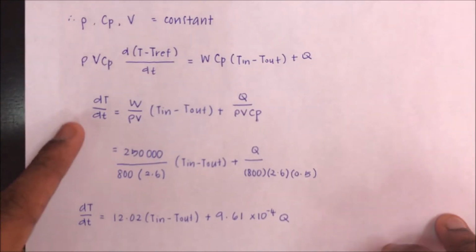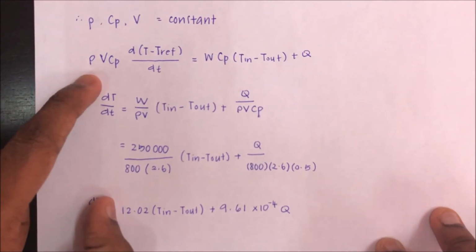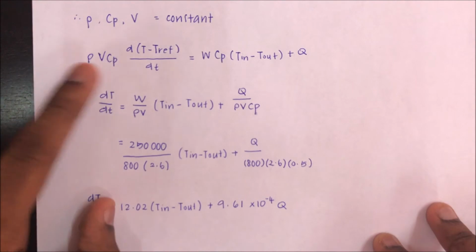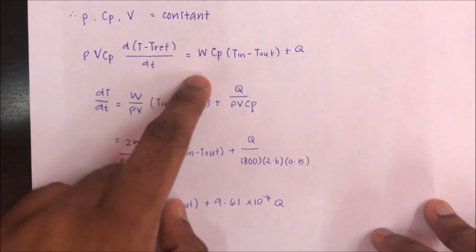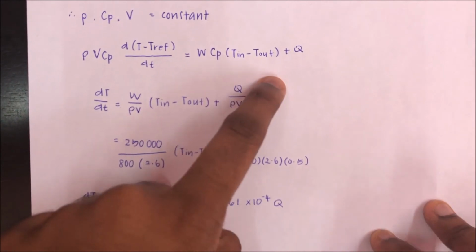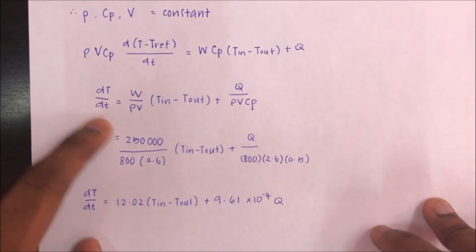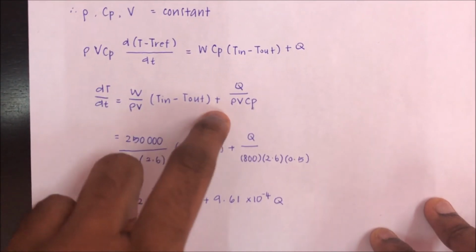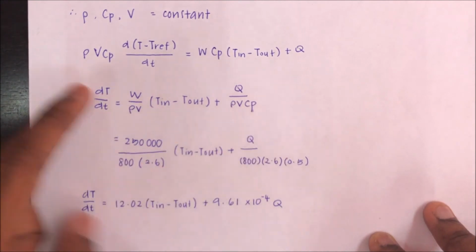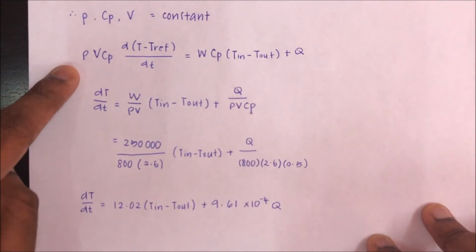So we know that the density, Cp and V values are constant, therefore rho V Cp is brought out, d(T minus T ref) over dt equals W Cp (T in minus T out) plus Q. And then we have dT over dt equals W over rho V (T in minus T out) plus Q over rho V Cp, because we are bringing this over to this side, meaning we are dividing all of this by rho V Cp.